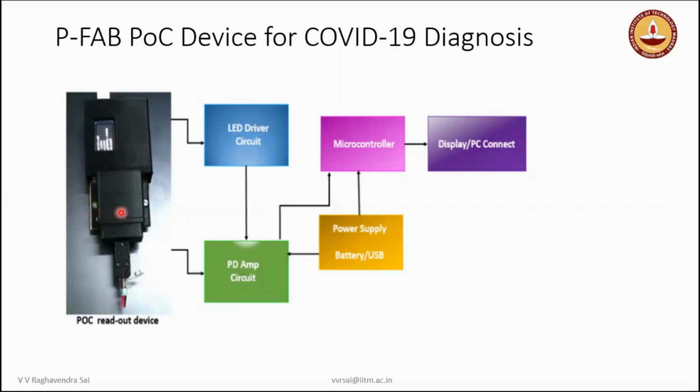Both LED and photo detectors are already in place here. And this can be an independent display or can be interfaced to a computer. It has an LED with a constant current driver circuit, a photo detector with an amplifier circuit, and a microcontroller to control the LED currents as well as get the PD output and display it or pass it on to a computer.